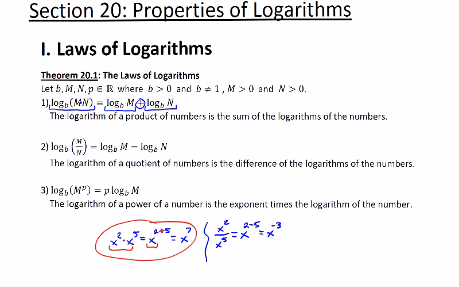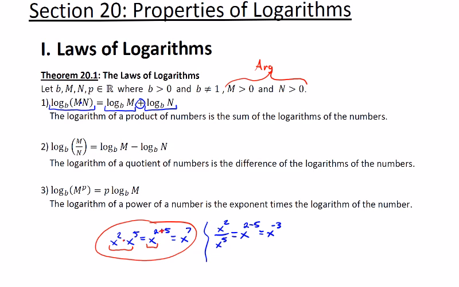Now there's a lot of letters going around here because I'm giving you the general theorem, and we're going to see some examples of some specifics. So what you need to know is that the m and the n always have to be greater than 0 because they represent arguments. The domain of a logarithm always has to have the argument being greater than 0.